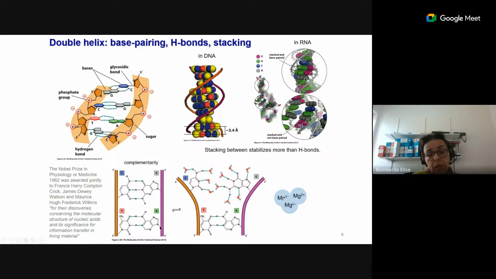Okay, so now we have our major polymers, and these are structures that you have to keep in mind, because as I said, we will always refer to these characteristics to see what can be done and what cannot be done, or how we have to interpret one signal in our investigations.